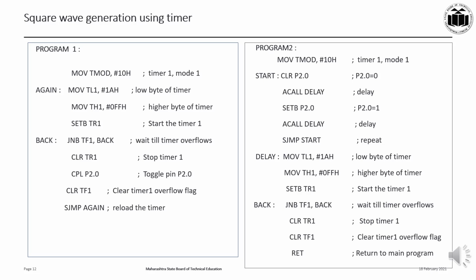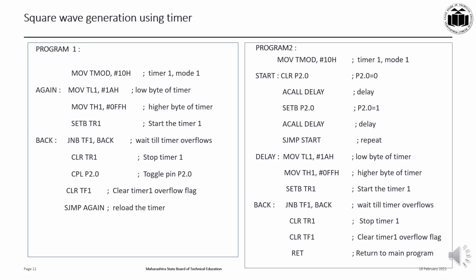Then the timer overflow flag is reset. SJMP again shifts the program control to again where the timer count is reloaded and the whole process is repeated. So again after 0.25 milliseconds, when TF1 flag is set to 1, the timer is stopped and complement P2.0 is executed, which makes the pin 1 again.